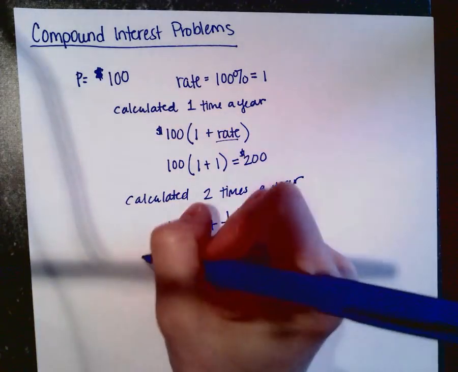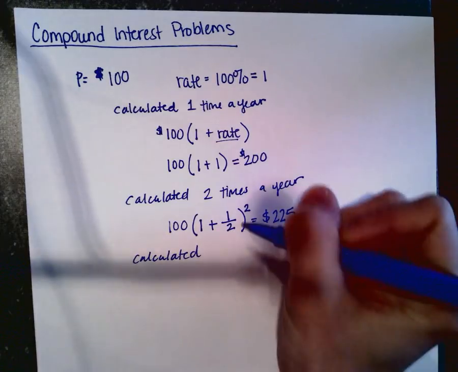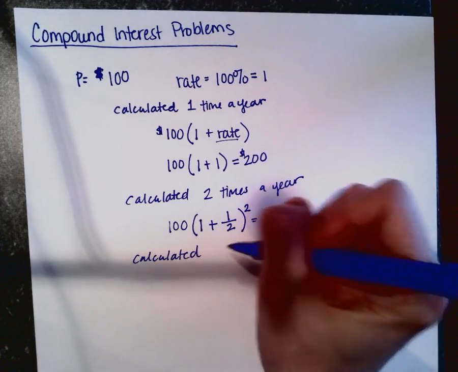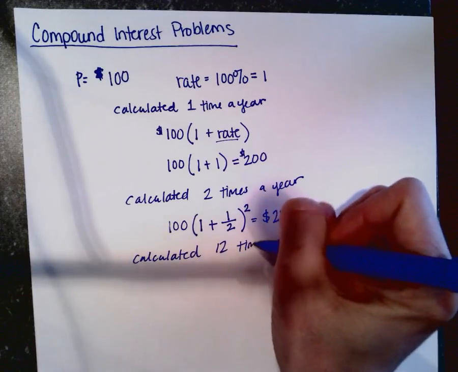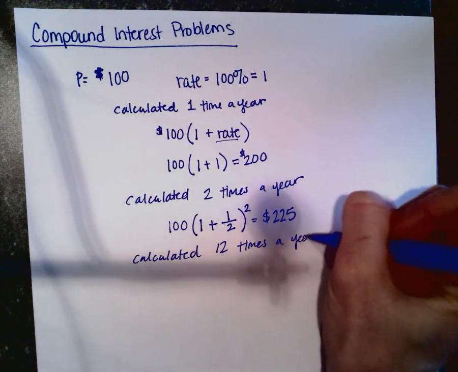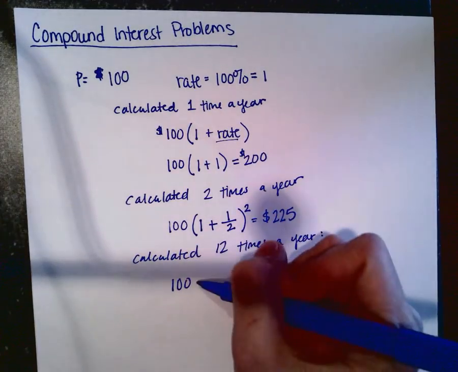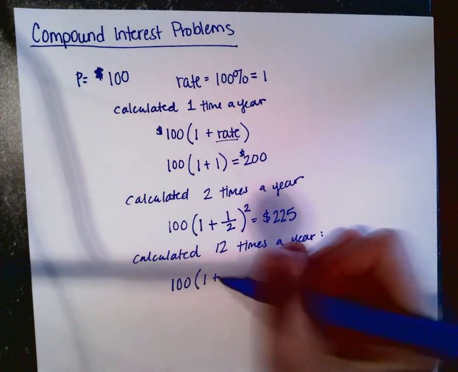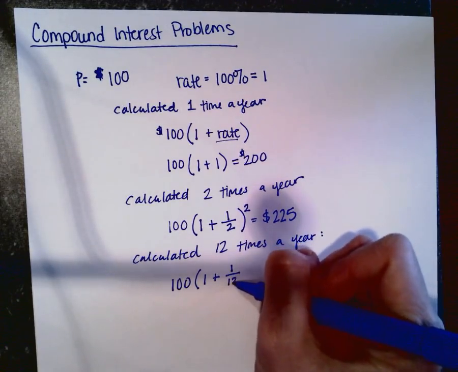So what if they calculate your interest, let's say 12 times a year, so once a month. You have your initial investment of $100 times 1 plus our rate, which is 100%, but we're going to divide that up 12 times throughout the year.